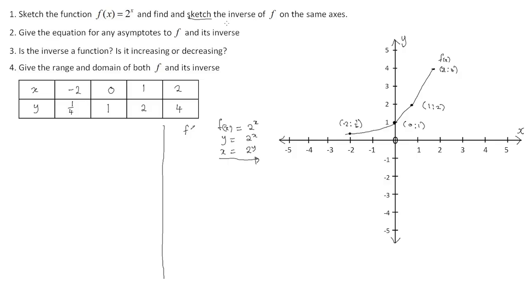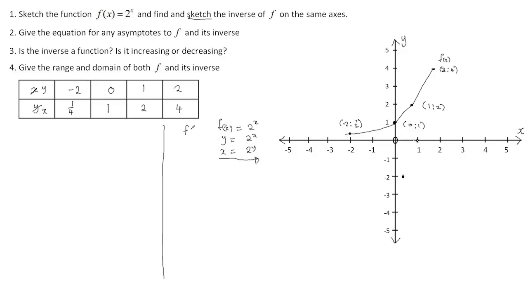Okay, right. So let's go to the second question. We have to sketch the inverse as well, so we're not done with question 1. Let's sketch the inverse. With the inverse, what we said is, let's just change those. Then we have y is equal to -2 and x is 1/4. So right up here, I think that would be good. Then we have y is 0 and x is 1.